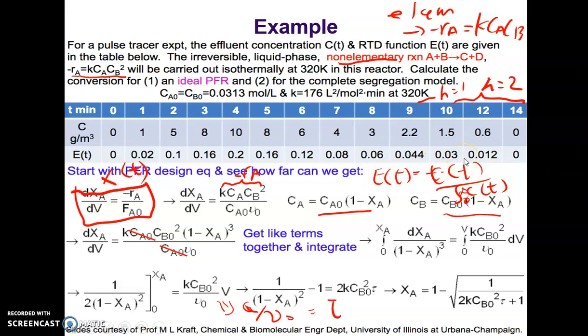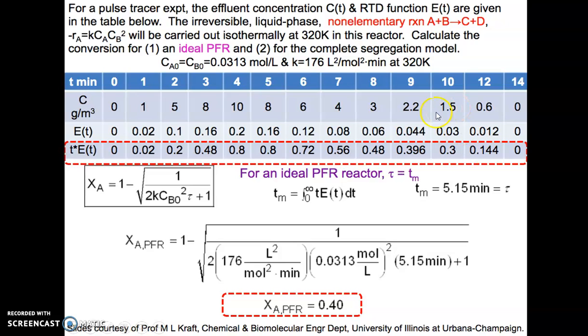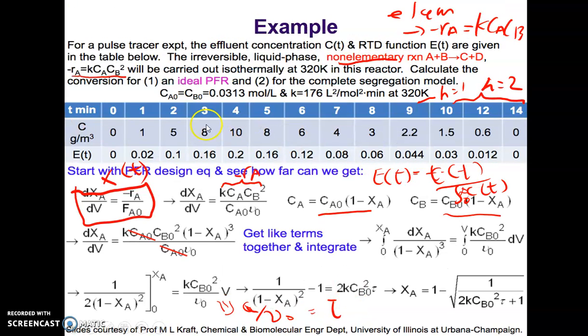The next slide is having TET. Why do we need TET, right? So that we can calculate your tm, because tau is actually your tm, right? And then when you solve the TET, you solve for tm. And then in the end, you put it back into this equation, then you solve for your PFR. So the question asks for the PFR model. This question asks for an ideal PFR. That's the way.